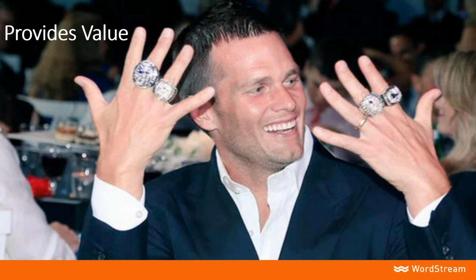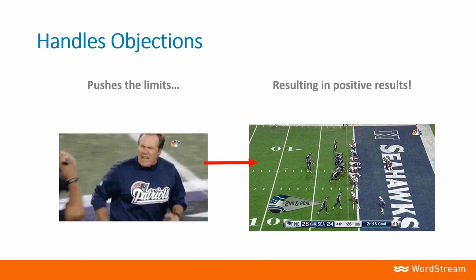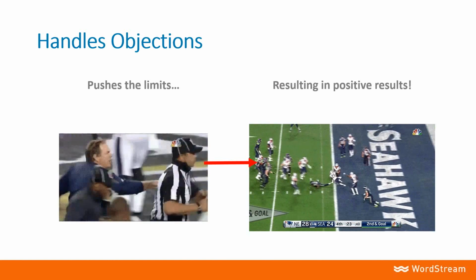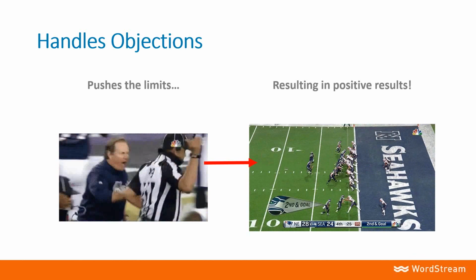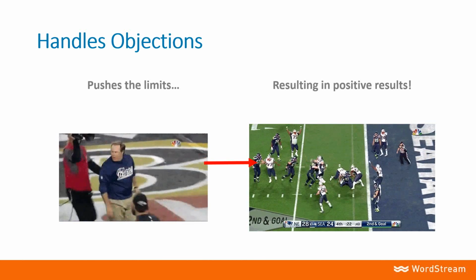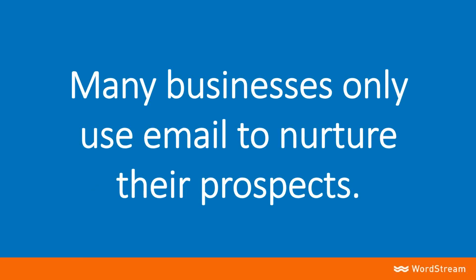A good nurture program, like a winning NFL team, provides immense value: Tom Brady, 5-time Super Bowl champion, 4-time Super Bowl MVP, 2-time All-Pro, Comeback Player of the Year. The perfect customer. And finally, a good nurture program handles objections. It pushes the limits and it creates positive results, just like Bill Belichick and Malcolm Butler winning the Super Bowl. You get it.